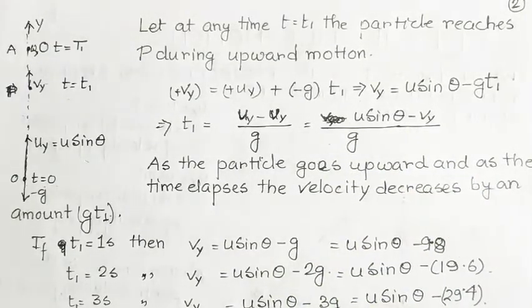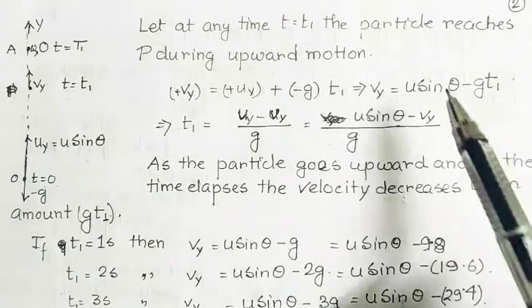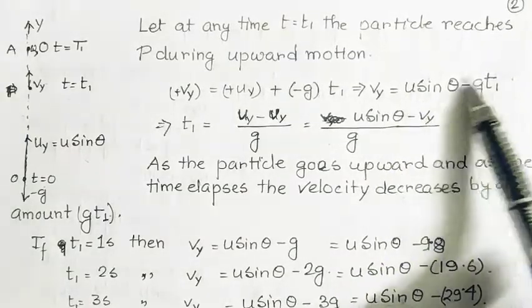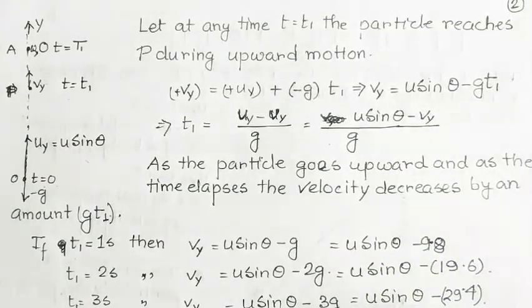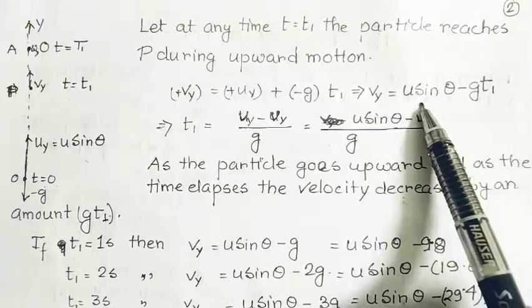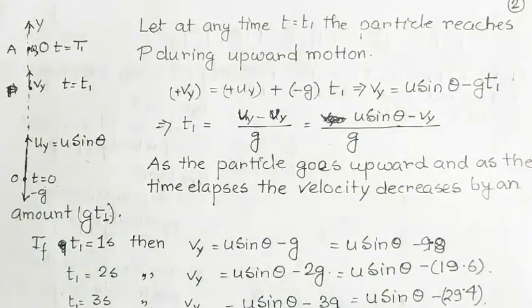So at each time interval, the value u sin theta decreases by gt1. As the particle goes upward and time elapses, the velocity decreases by an amount gt1, u sin theta minus gt1.